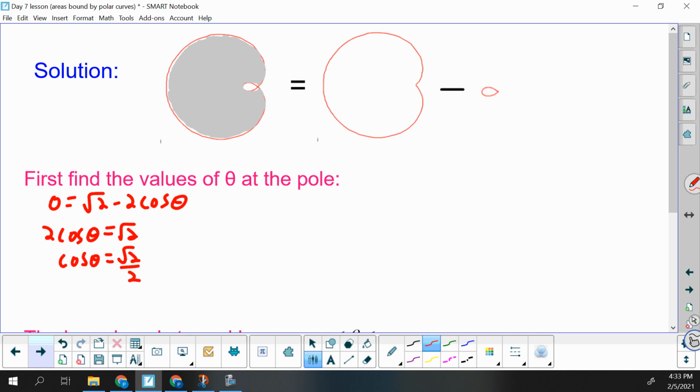Well, cos is positive, so that's going to be in the first and the fourth quadrant. Radical 2 over 2 we get from a 45-degree reference angle. So we're working with a pi over 4 reference angle. So we would be working with pi over 4 when it's in the first quadrant and 7 pi over 4 when it's in the fourth quadrant.